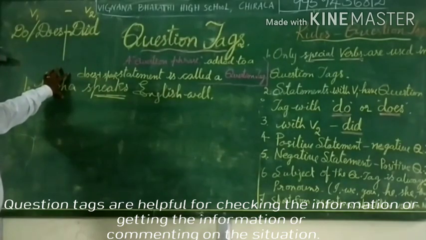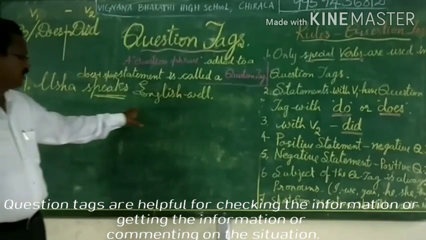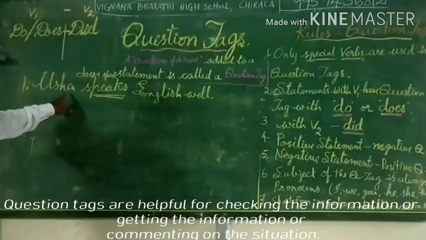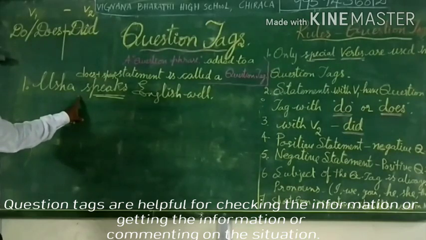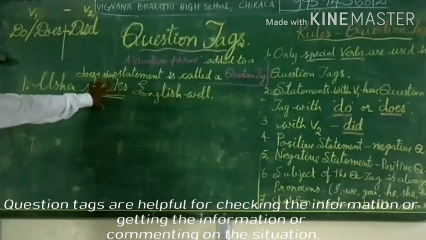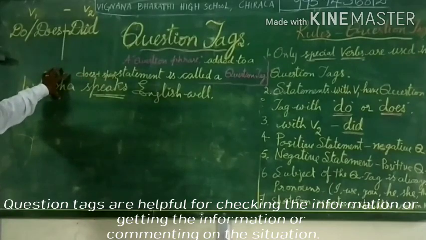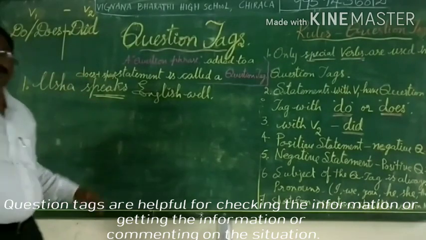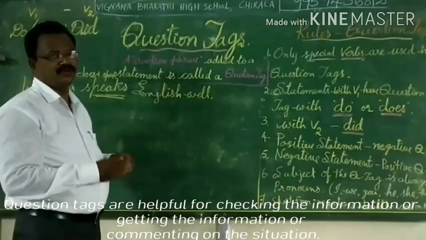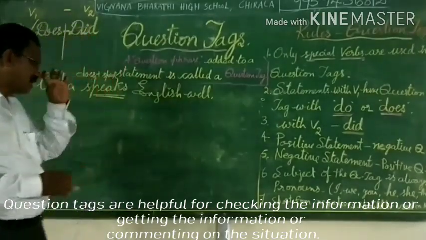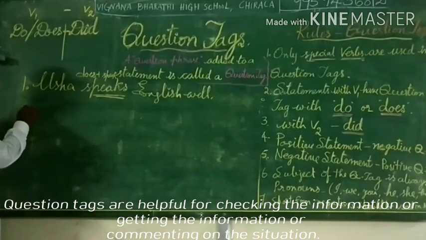Subject Usha, a girl. We cannot find any negative sense here. That is why this is a positive statement. So we recognize the verb part and the status of the subject, whether it is a positive or negative statement. We should first identify these three and then start answering.